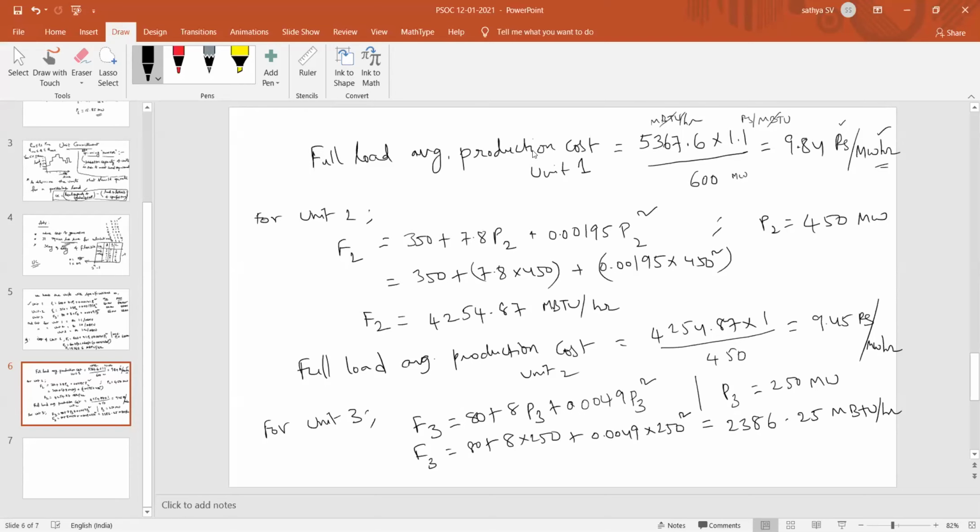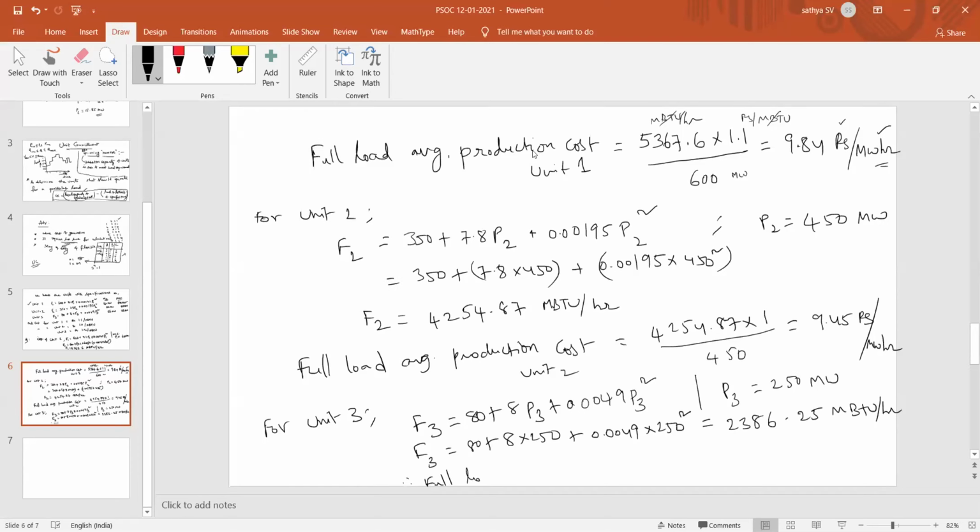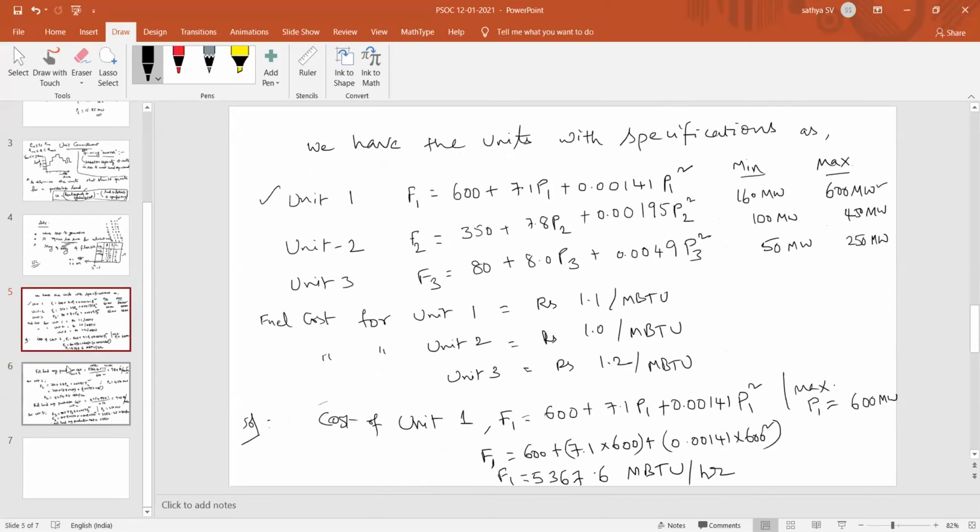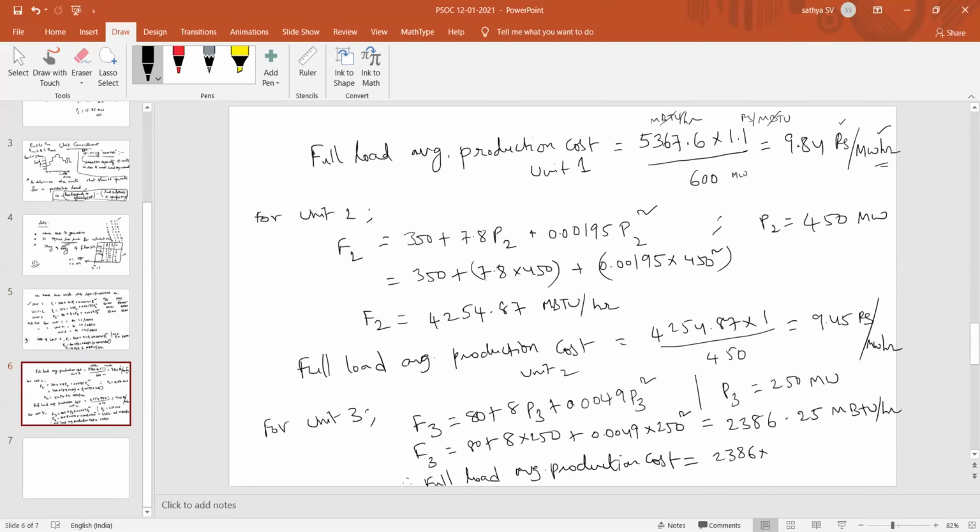Now therefore the full load average production cost, how much? 2386.25 multiplied with what is the fuel cost for unit 3? 1.2, divided by maximum megawatt, which is 250. The answer is 11.45, good, Masarish. 11.45 rupees per megawatt hour.